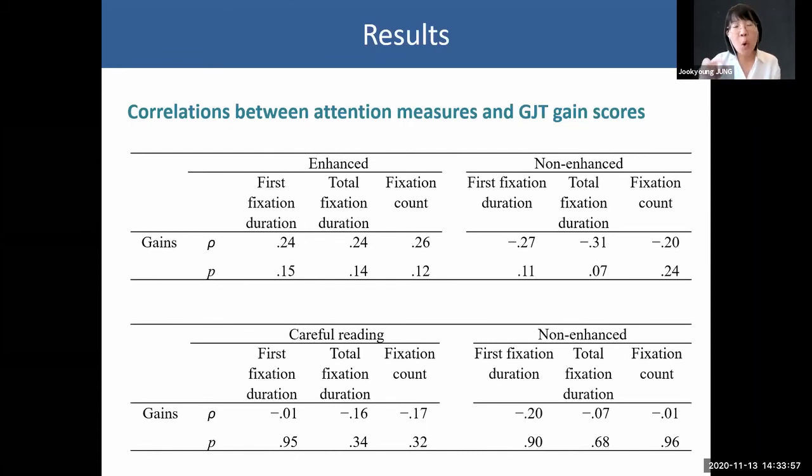And when it comes to the correlations between the amount of attention and their GJT scores, again, we could not see any significant correlation between the two, meaning the amount of attention captured in the target participle phrases may not be related to their learning as measured with the GJT test.